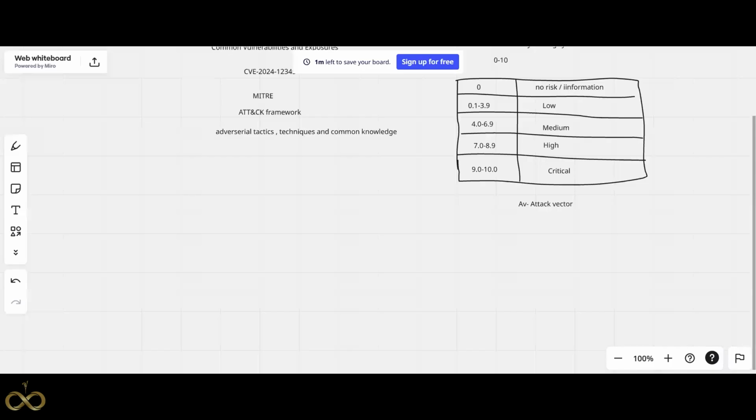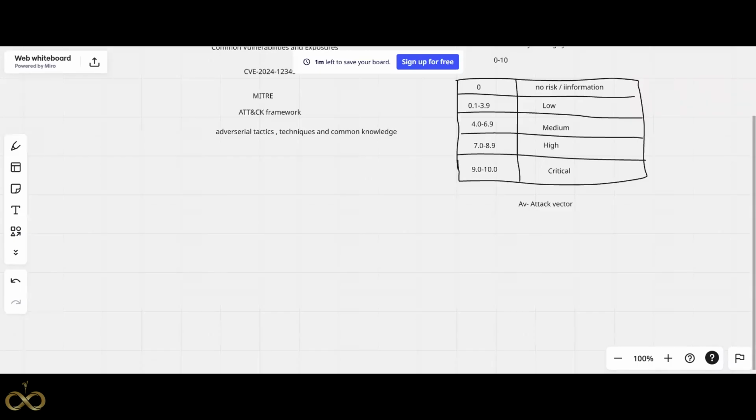Network means can it be exploited over the internet? Most dangerous. Internet facing vulnerabilities are most dangerous. Remote desktop vulnerabilities, for example. I'm sitting here and I'm trying to access Aga's device sitting there. I'm exploiting a remote desktop vulnerability. He has a vulnerability on his device and I am exploiting it remotely over the internet. These are network based.